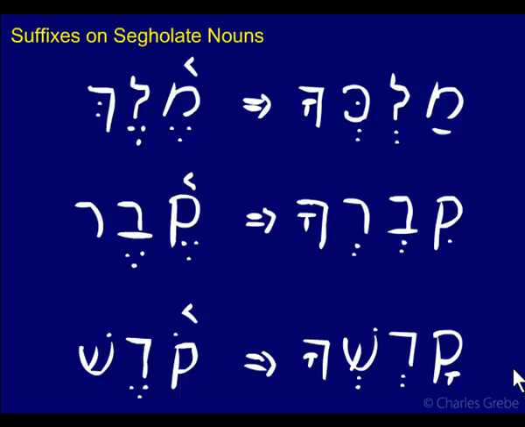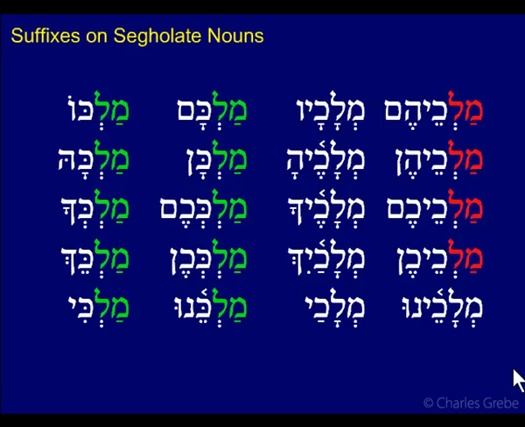Let's look at the full paradigms for a couple of Segholates. So this is melech. You see here, the green one's over here. This is king in the singular when you add suffixes to it, and this is king in the plural when you add suffixes to it. So you see right away that when you add the pronominal suffixes to the singular of Segholates, you see the original historical vowel in all the forms.